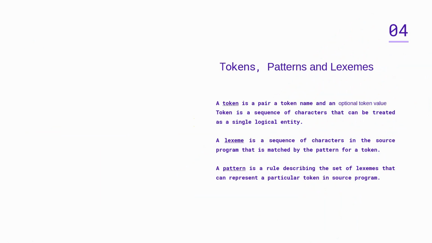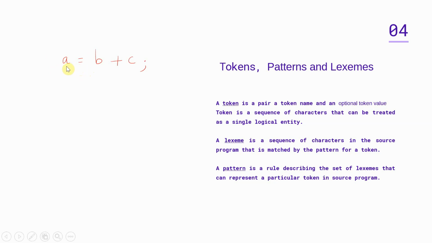Before proceeding with lexical analysis, we need to understand some terms. These terms are tokens, patterns, and lexeme. I will explain all these terms by using a simple assignment statement in C. The lexical analysis phase deals with identifying the category of each of the input strings here.